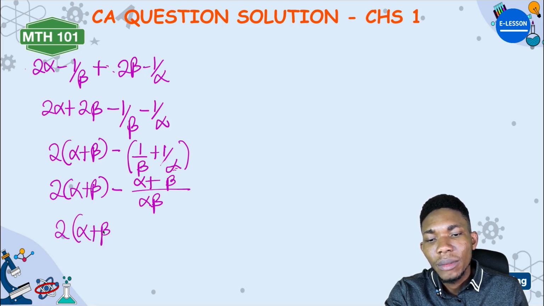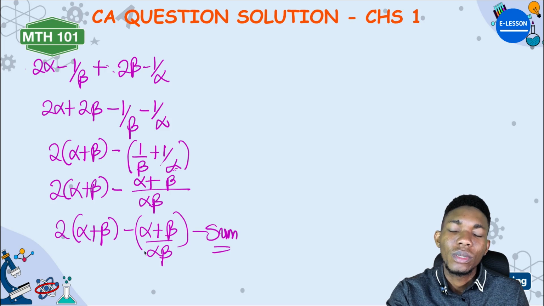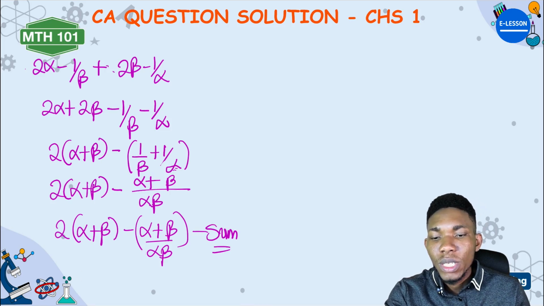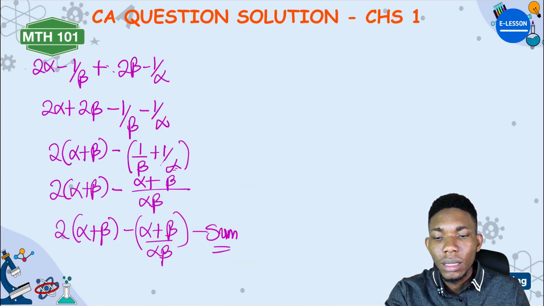Alpha plus beta minus what? Alpha plus beta divided by what? Alpha beta. This is our sum of roots for that first question. What was our alpha plus beta we calculated? 1 over 3. Right? Alpha plus beta is 1 over 3.